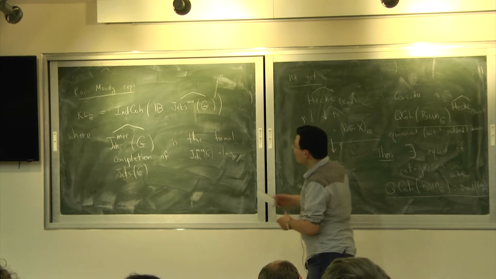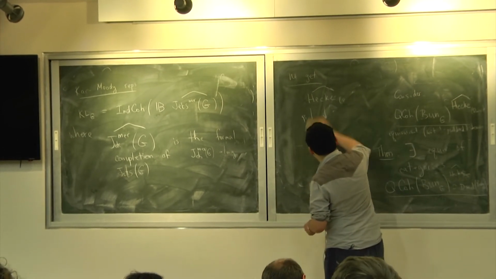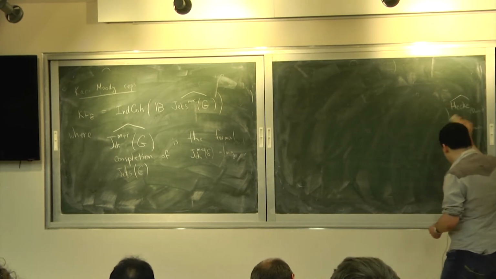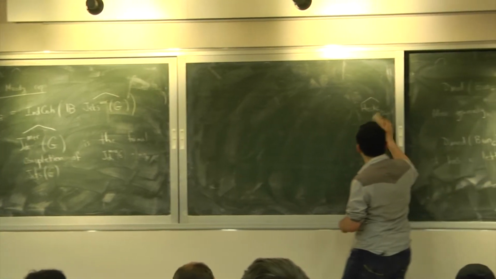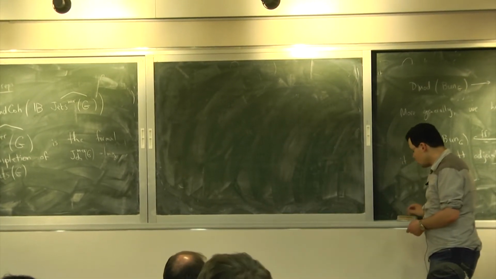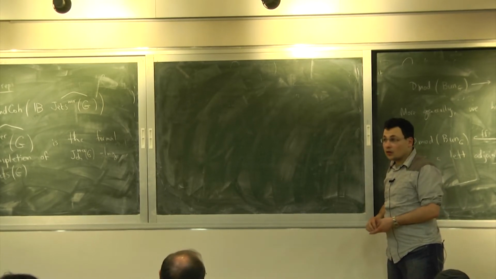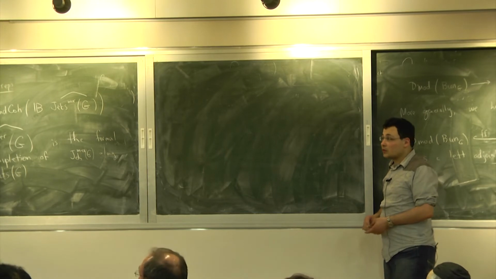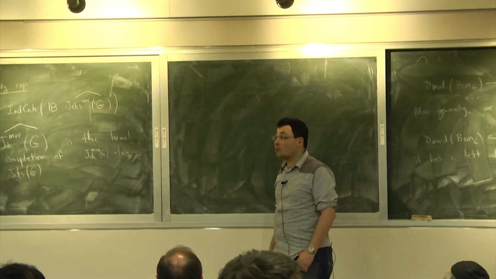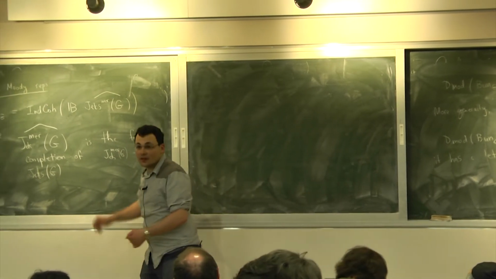And so why is this a reasonable definition? This is okay because the transversal directions are finite type.